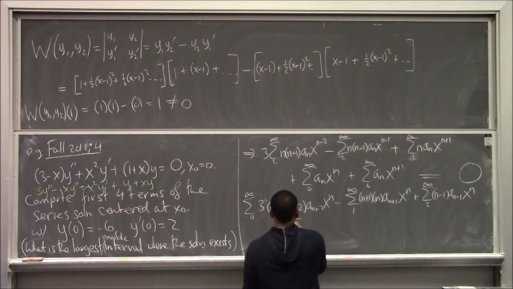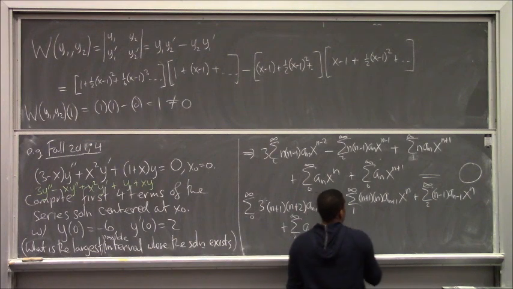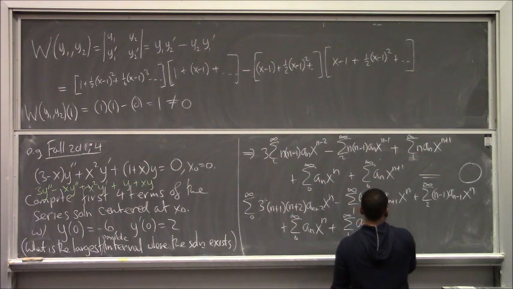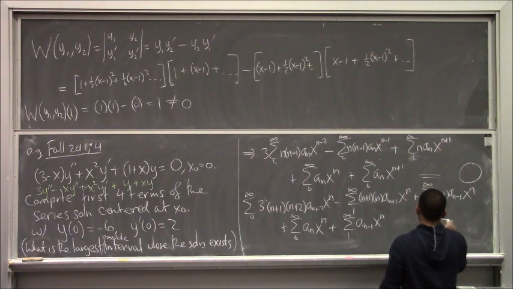This guy doesn't need to be shifted. Shift all the n's to n minus 1s, so this is going to start at 1. And all of that equals 0.